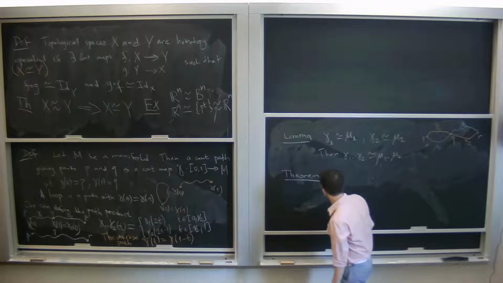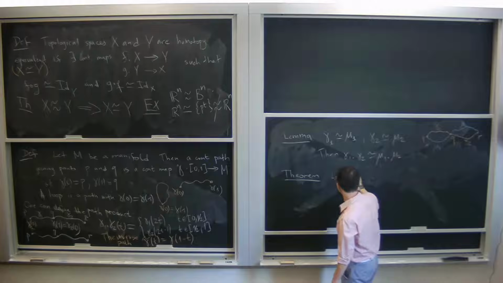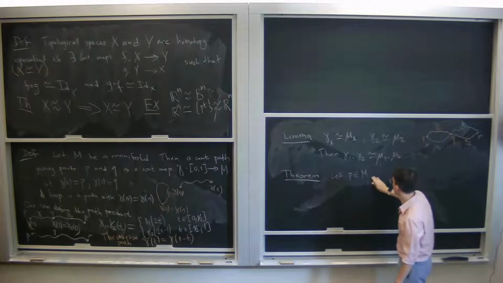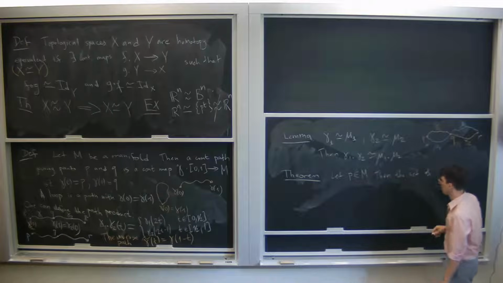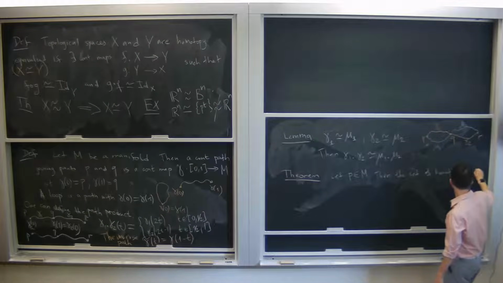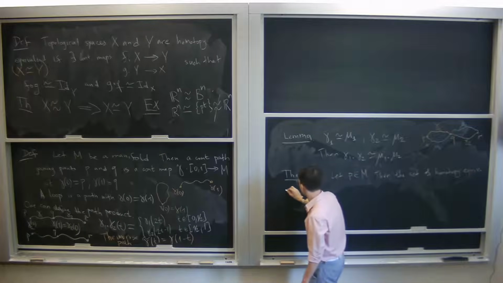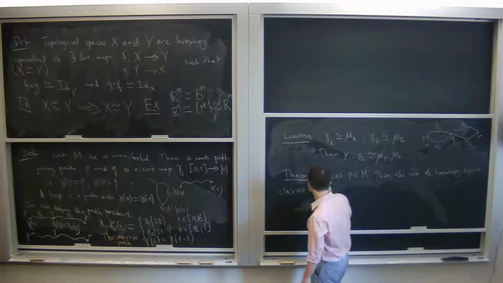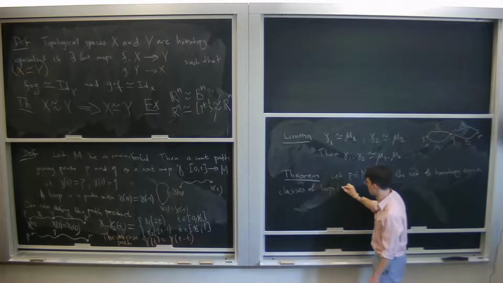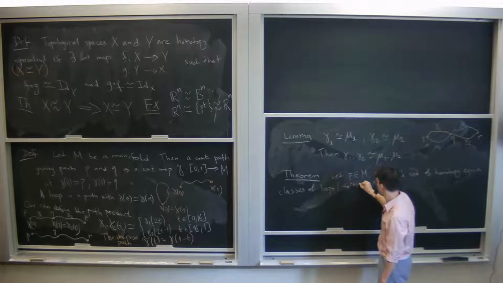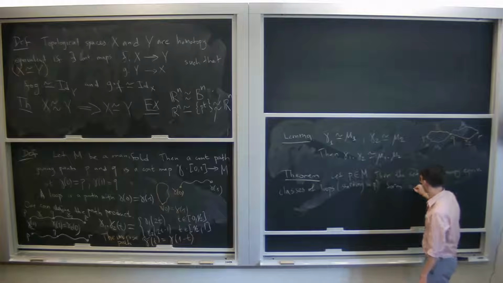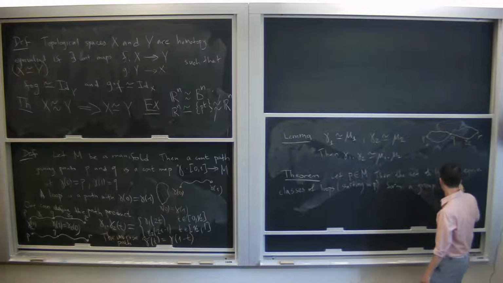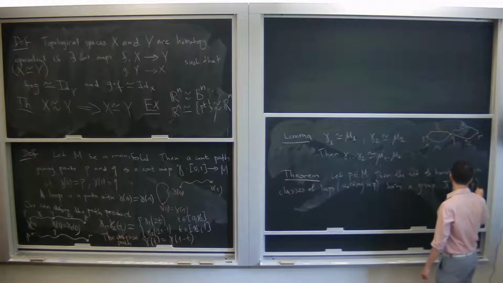So the theorem is that, let P be a point in M. Then the set of homotopy equivalence classes of loops starting and ending in the point P forms a group which is denoted by pi 1 of M and P.